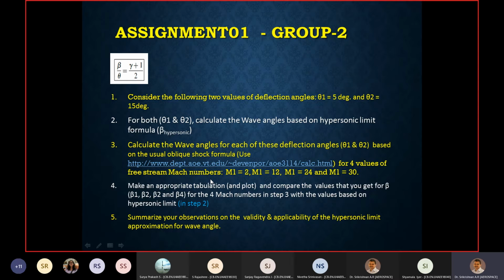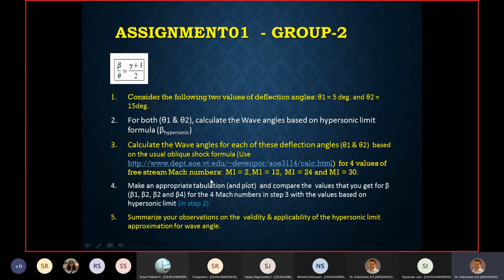So you make use of that online tool and then calculate the wave angles for these two combinations, for free stream Mach numbers M1 equals 2, M1 equals 12, M1 equals 24, and M1 equals 30.